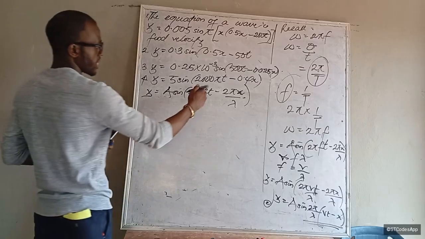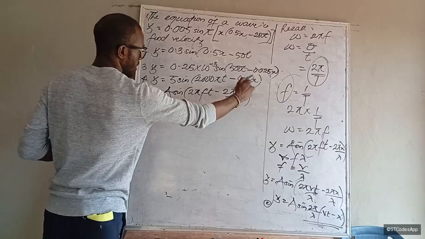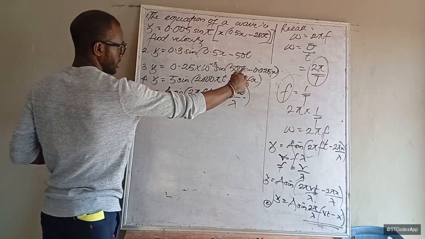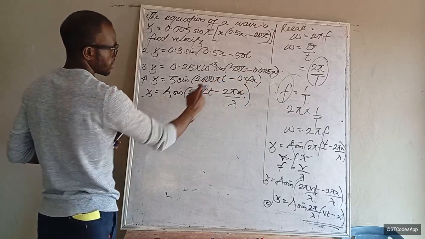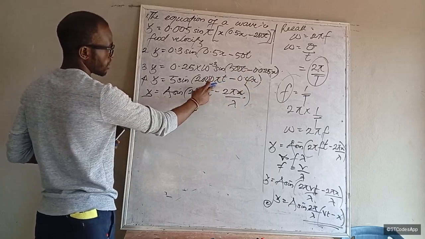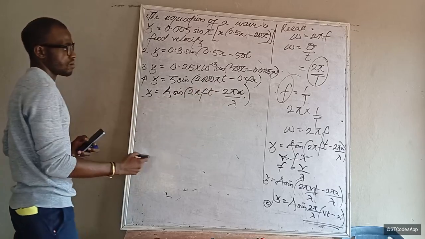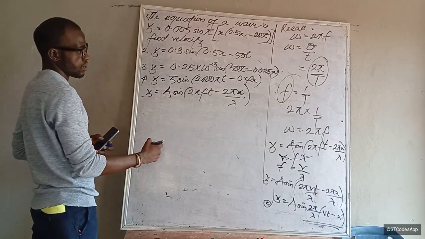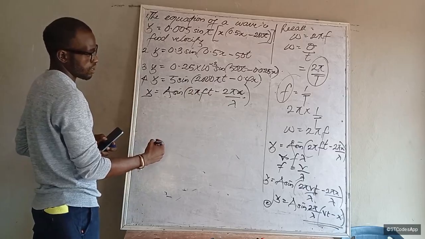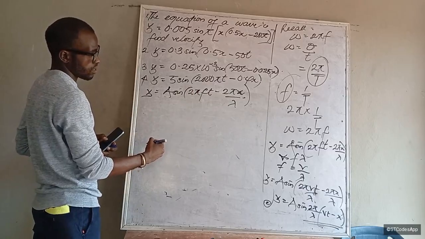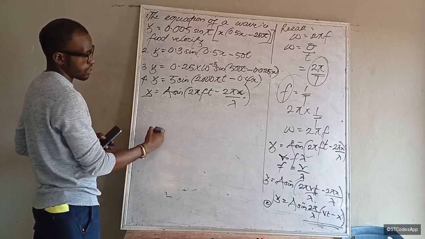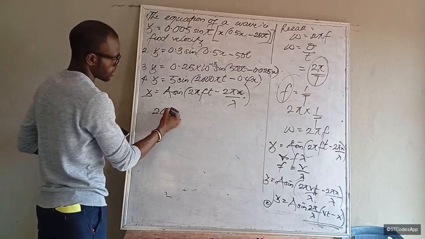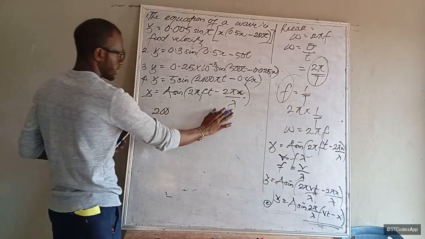If we compare this side and this side, we compare this side and this side. This is where lambda is.